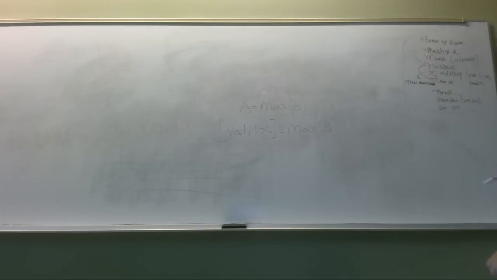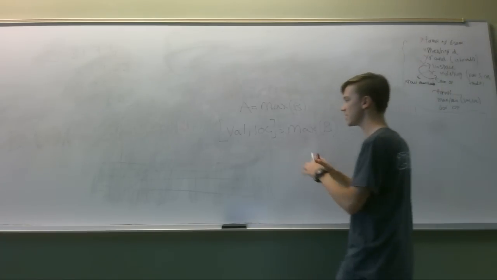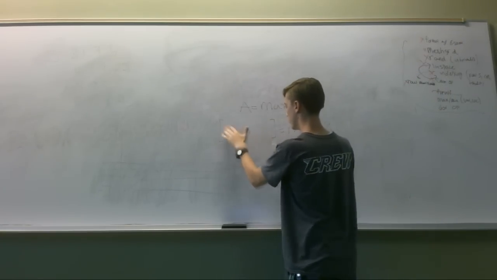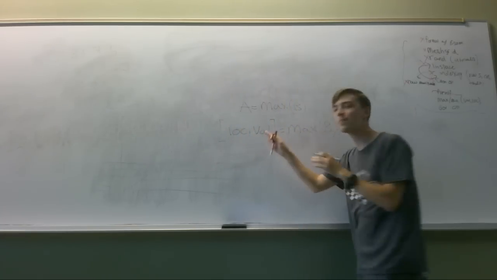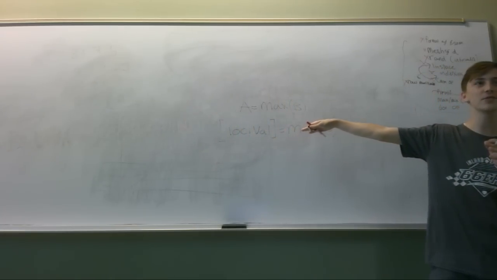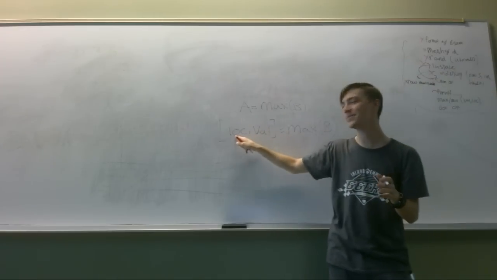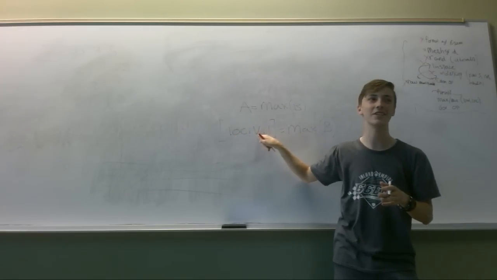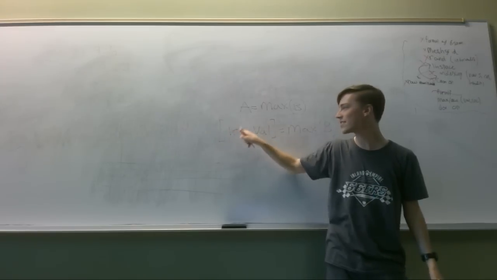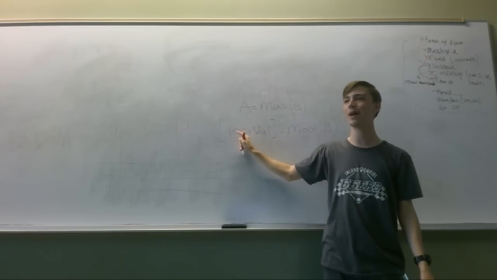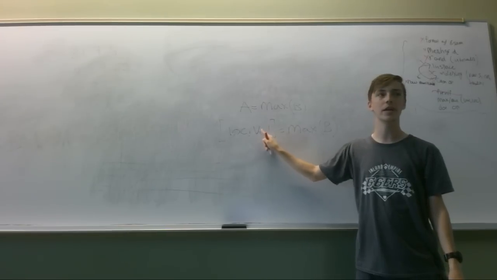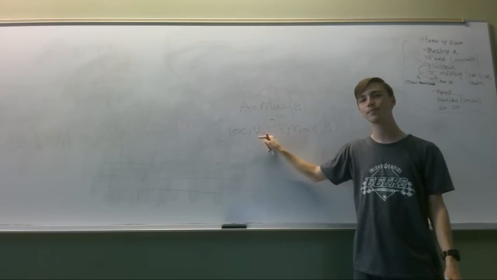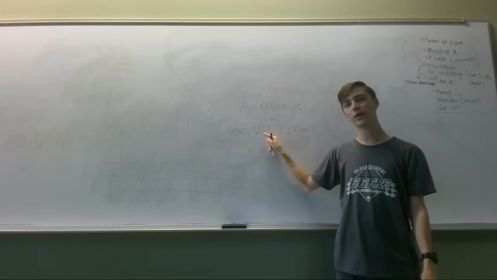So if you see block, comma, val, this is backwards. Steve's just trying to mess with you. This is going to be your value, and this is your location. The first thing is always the value of your max or min, and the second is always the location, the placement of said max or min. Are we good on that?